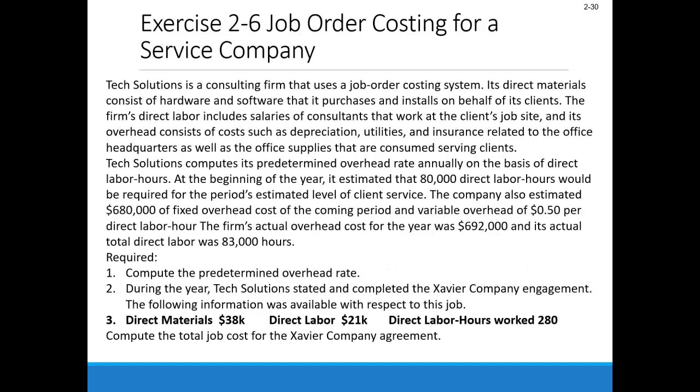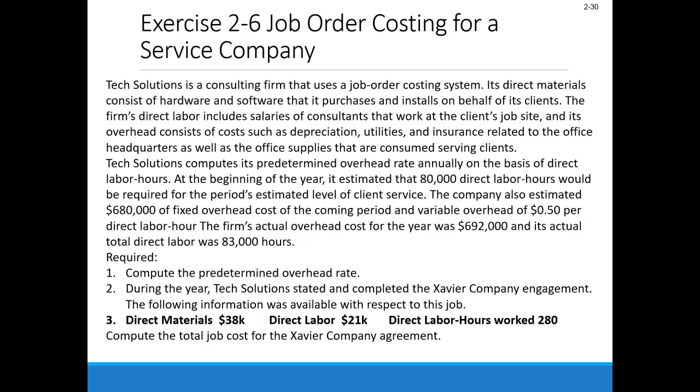So as you see here with this service company, Tech Solutions is a consulting firm that uses job order costing. Its direct materials consist of hardware and software that it purchases and installs on behalf of its clients. The firm's direct labor includes salaries of consultants that work at the client's job site, and its overhead consists of costs such as depreciation, utilities, and insurance related to the office headquarters, as well as office supplies.